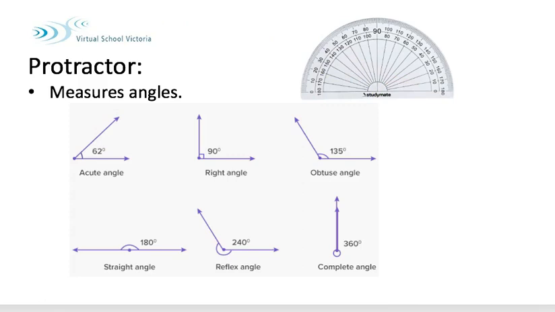Now, if you want to measure any of these angles, you take this little vertex here and you place it there, and you can see we're measuring that angle, and if I were to drag the protractor over, I know that this angle is greater than 90 degrees, so I use this measuring line.